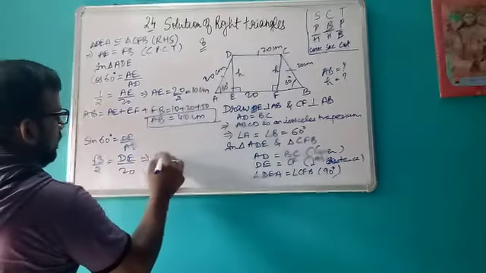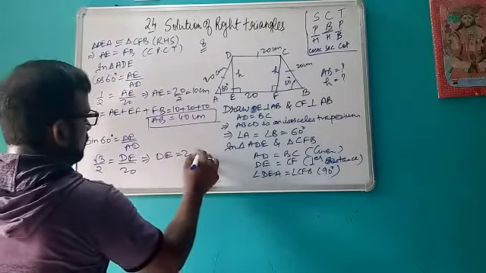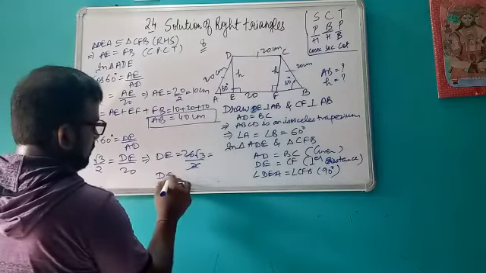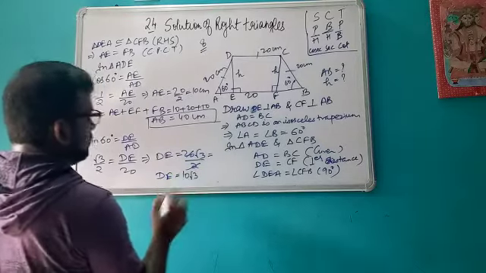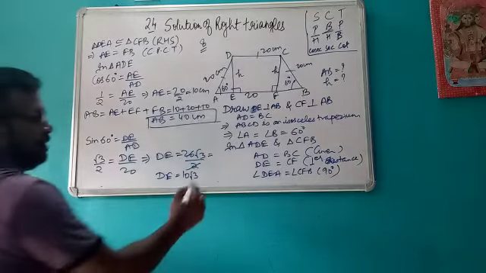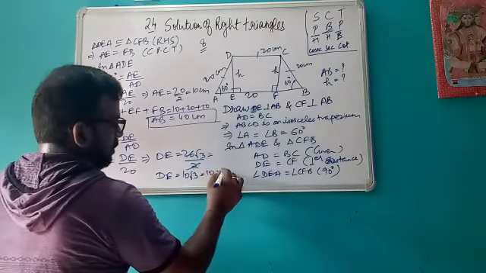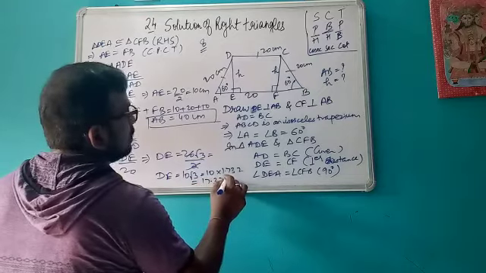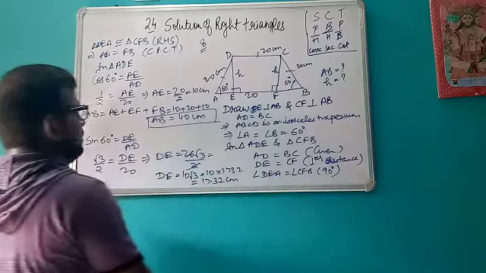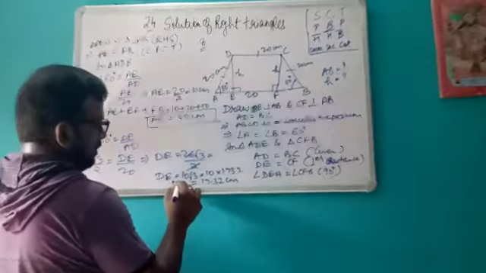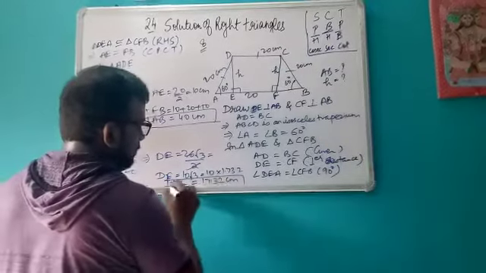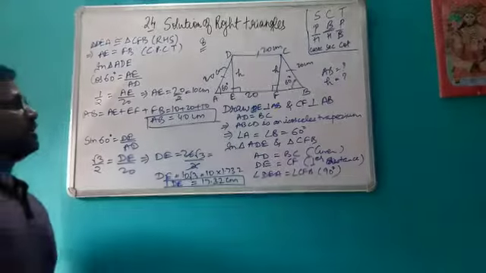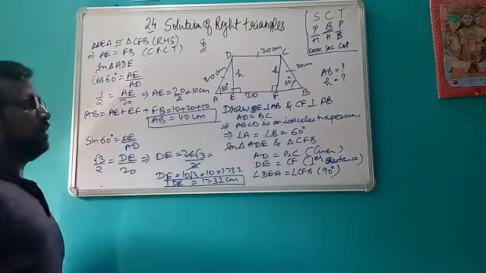So from here you will get DE is equals to 20 root 3 by 2, or DE is equals to 10 root 3. Or if you put the value of root 3, you will get 17.32 centimeter. Okay. So in this manner, you can calculate the values by using the properties of trapezium as well as the values of standard trigonometric angles.